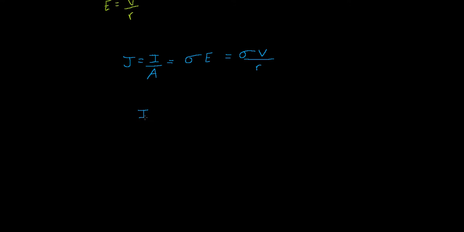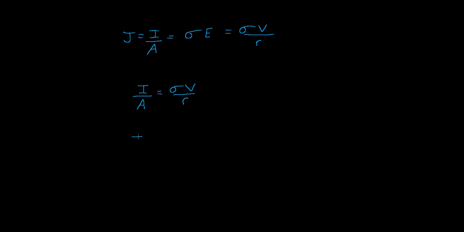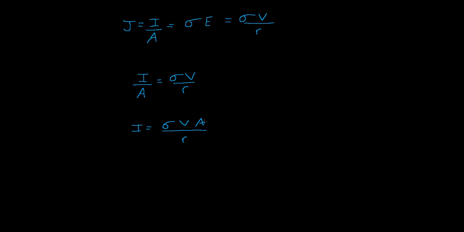This means that I divided by A is equal to sigma times V over R, and so I is going to be equal to sigma times the voltage times A divided by R, and now we can divide top and bottom by sigma times A, so this is equal to V over R divided by sigma A, and again this is equal to I, the current I.